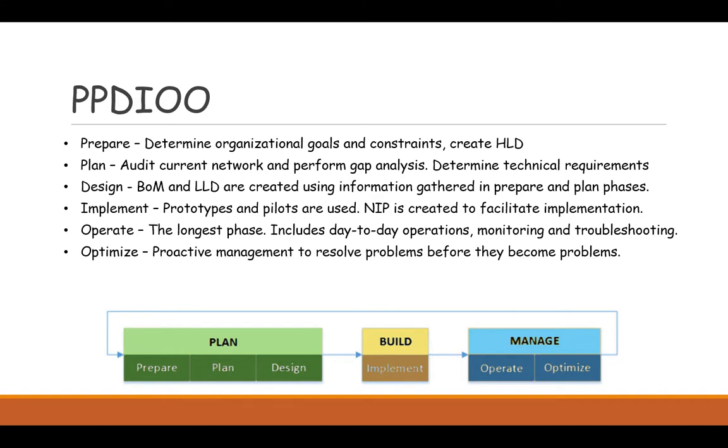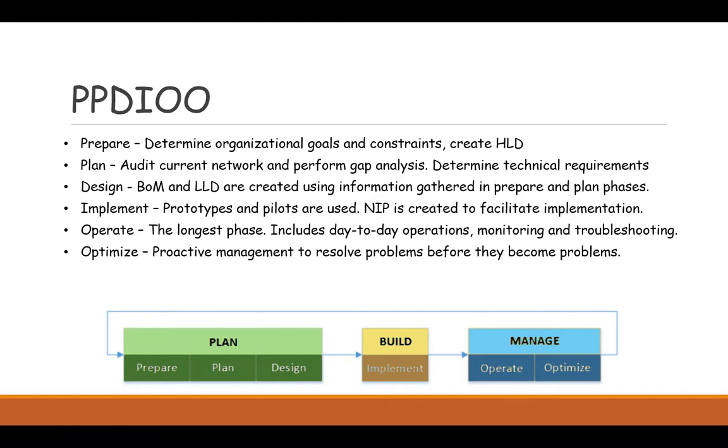So then you prepare the design for that optimization, you plan out that design. You go ahead and create your low-level design and the bill of materials if you need to add any network equipment into your existing production network. And then you implement that optimized design, and you operate it, and then you monitor to look for other places where you can optimize.